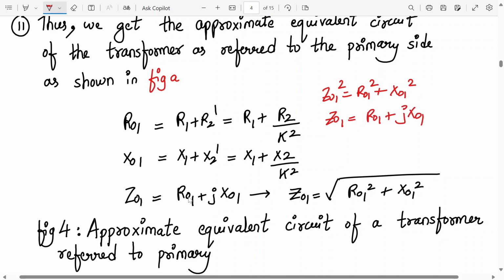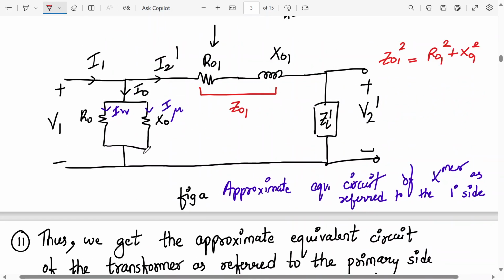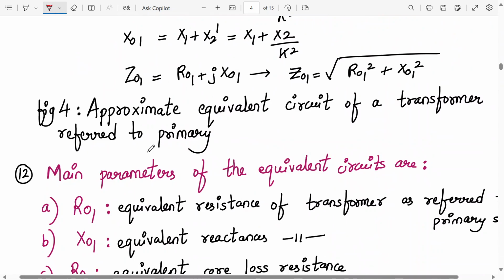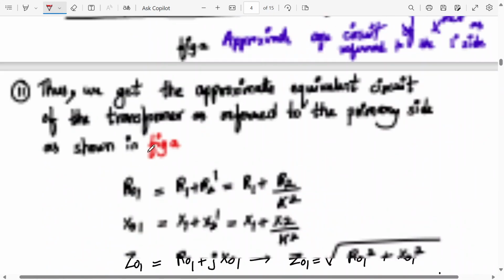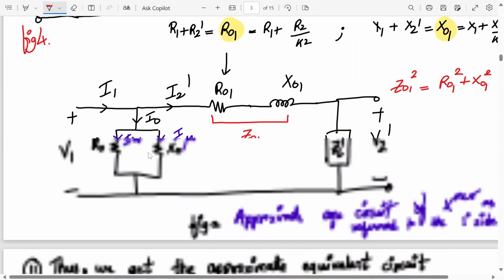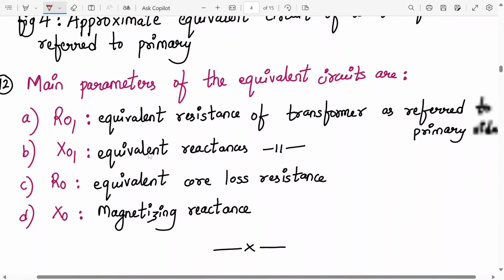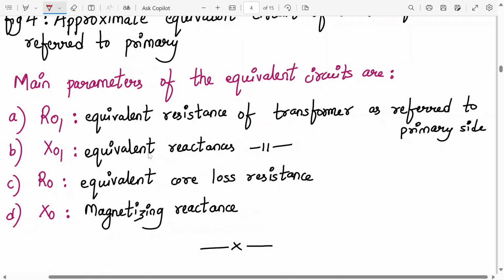So this is the equivalent circuit of a practical transformer referred to the primary, this diagram. This is figure number 4. So the main parameters of the circuit are RO1, which is the equivalent resistance of the transformer referred to the primary side.